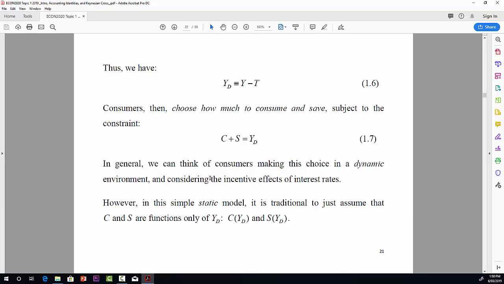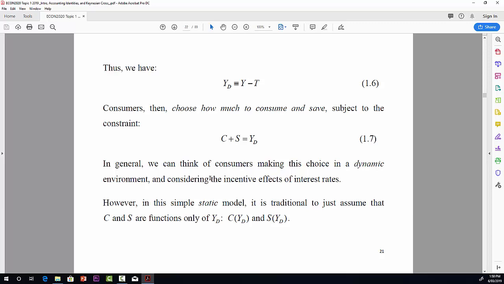In general, when thinking about the consumption and savings decision, it's really a dynamic problem. People consider, if I'm going to be working for so many years and I may retire several decades from now, and I want to save to finance my retirement, I need to think about interest rates now and future interest rates and so on.